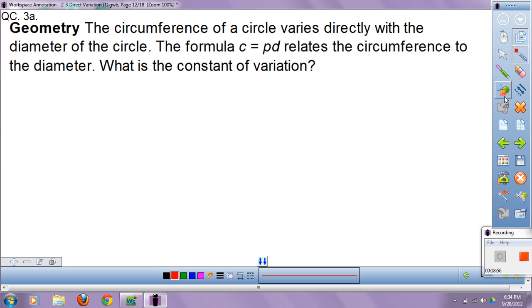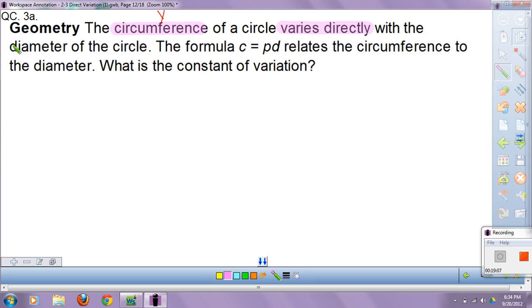All right, let's look at Quick Check 3. It says the circumference of a circle varies directly with the diameter of the circle. Remember that sentence, y varies directly with x. So you can see when they wrote our formula, your circumference is taking the place of your y in this equation, and your diameter is taking the place of your x in this equation.